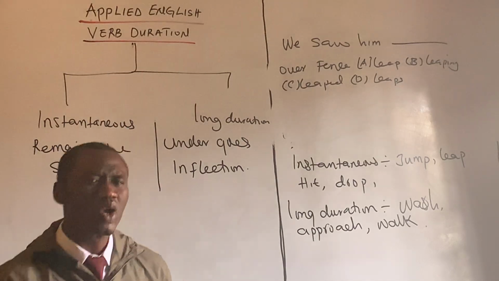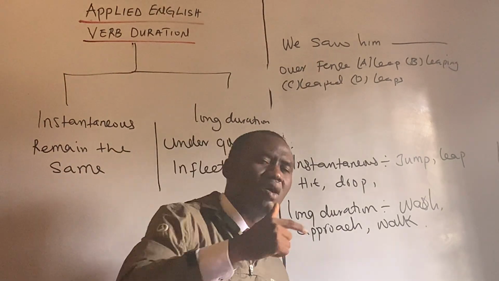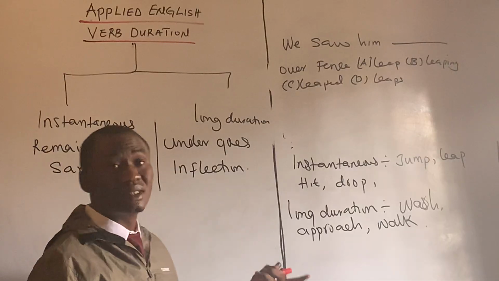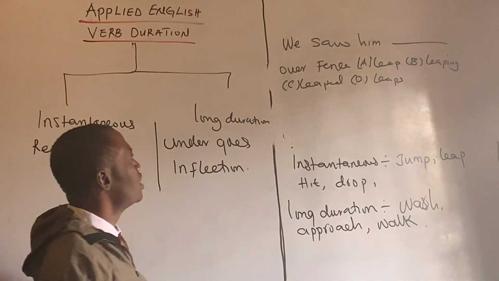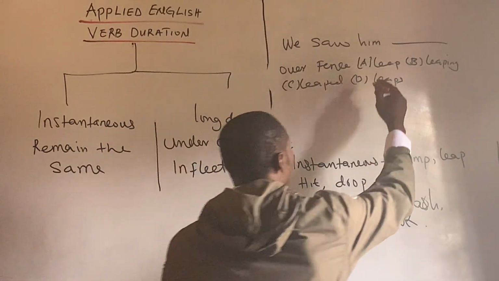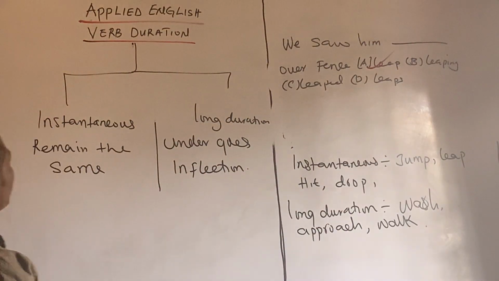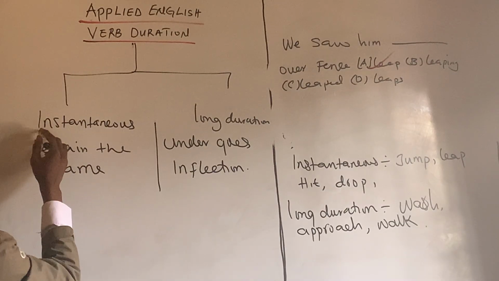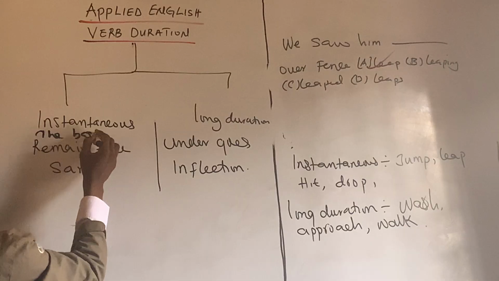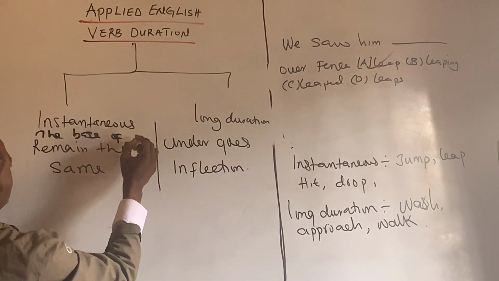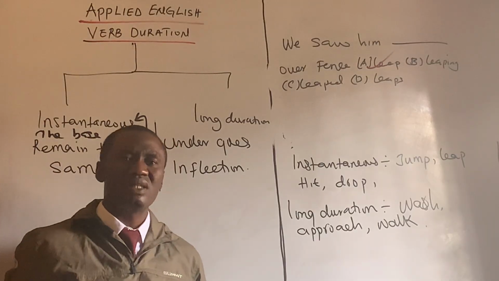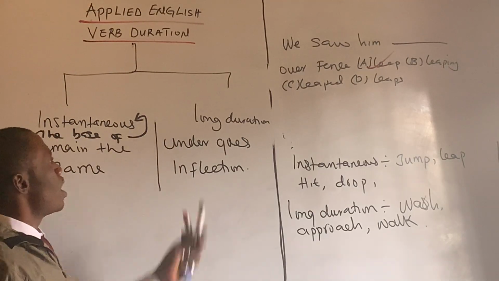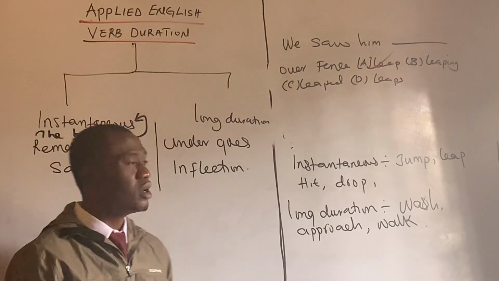Of course, when you want to leap over the fence, you do that under a quick tempo. That is, the pace and the duration of time is instant. So the answer is leap. Why? Because the base form of this verb remains the same. The base of instantaneous verb remains the same, but the base of long duration verb could be changed.